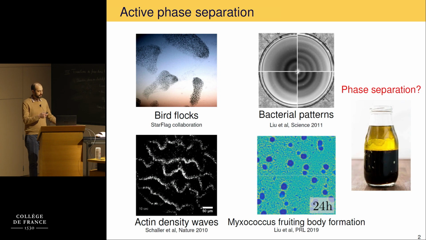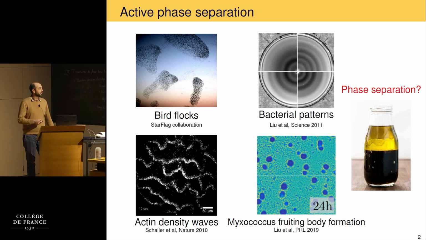So you could tell me already, how is it phase separation? The phase separation we are used to, with polymers, for example, is a kind. So if you wait and you let your vinaigrette separate, you have two macroscopic domains separated by a well-defined interface.